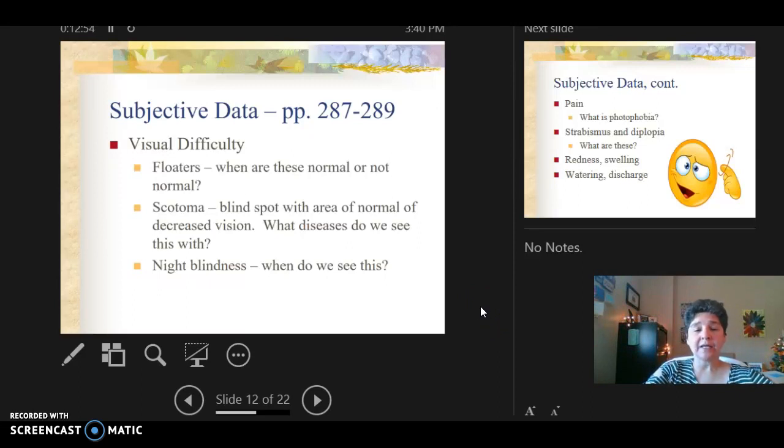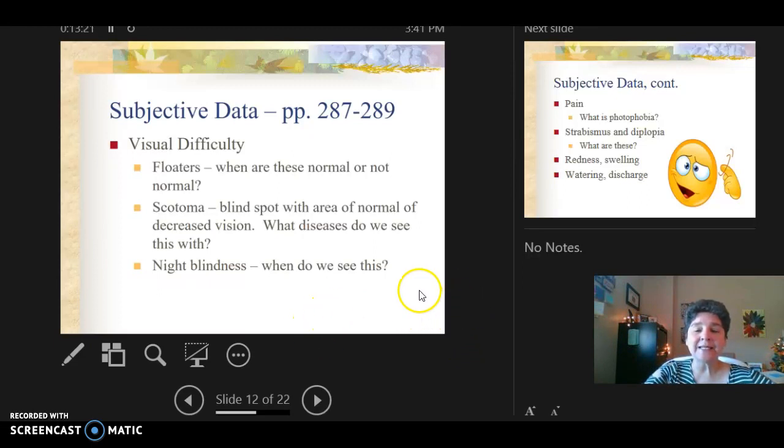Myopia is nearsightedness, while hyperopia is farsightedness. And I remember that because when I think of something being mine, like myopia, it's close to me. So myopia is nearsightedness, and hyperopia is farsightedness. Floaters are common when someone has myopia, and they also start to become more common in middle age.